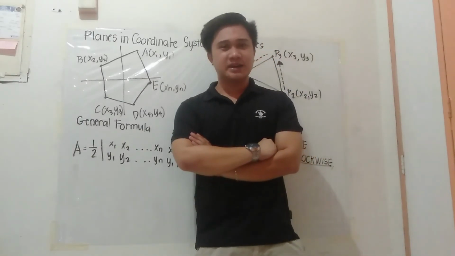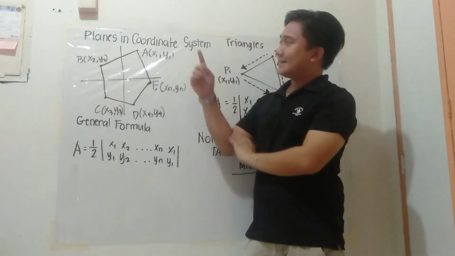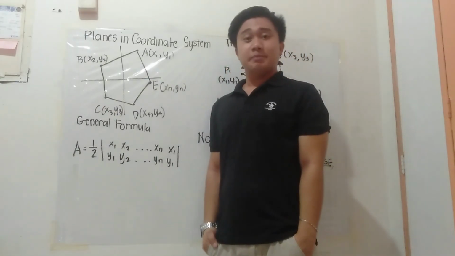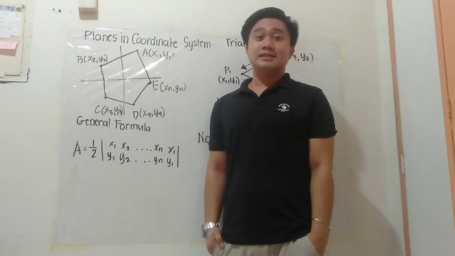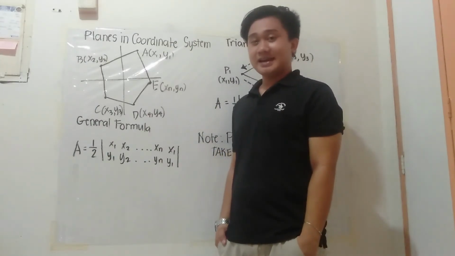Okay, so let us begin the new topic for analytic geometry, and it is planes in coordinate system. In Cartesian coordinate system, pwede ka doon makabuo ng iba't ibang shapes of different number of sides.